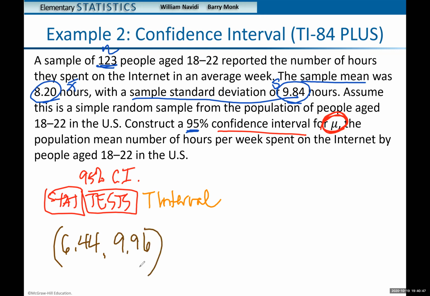You can use 2 decimals, 3 decimals, or the whole thing. I will accept everything, okay?